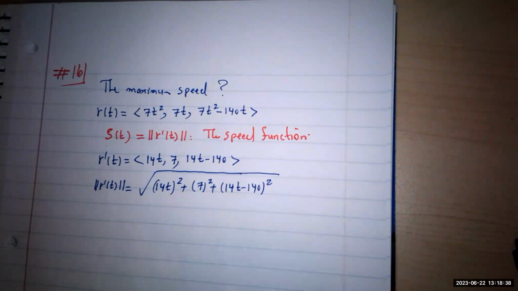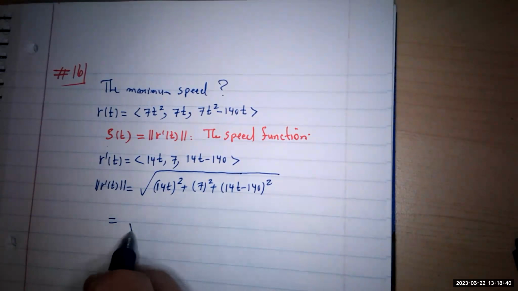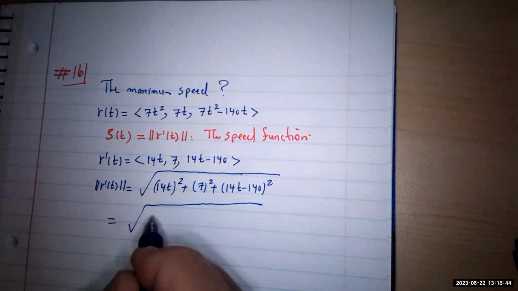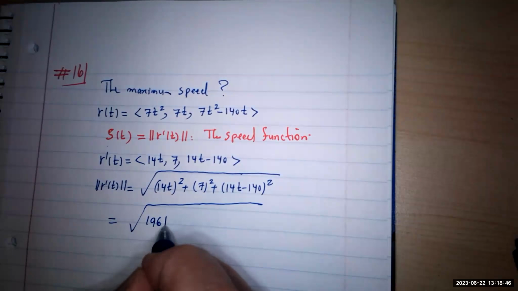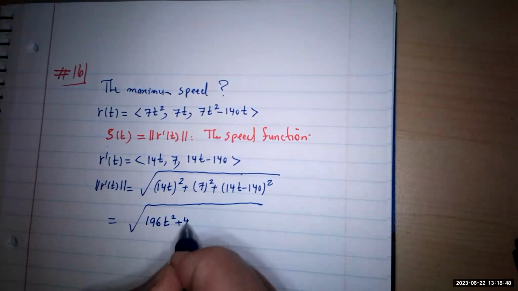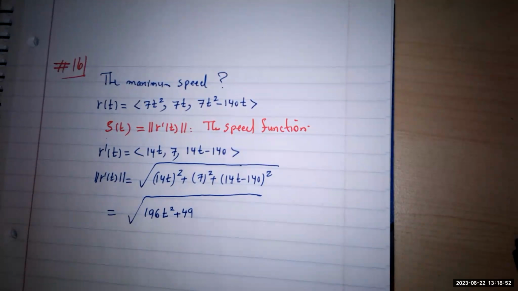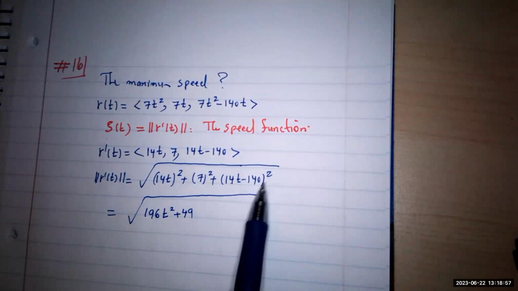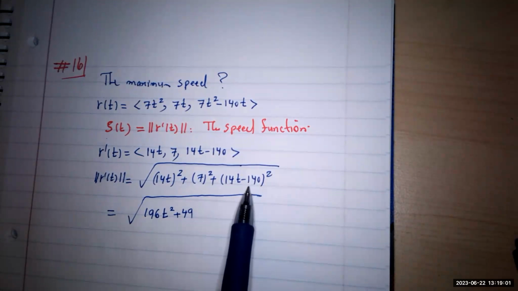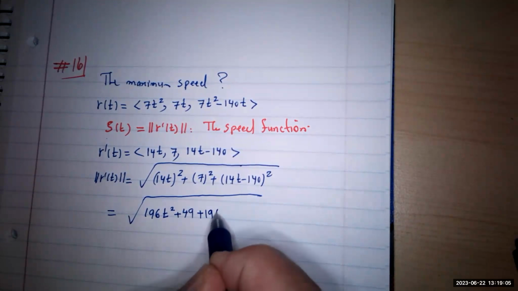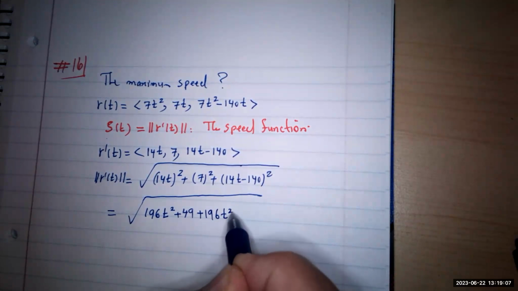So square it to see what would happen. 14 squared would do 196 t squared. 7 squared, 49. Carefully square this one. The square of the binomial: the square of the first, twice the first times the second, plus the square of the third one. Some people miss this one. The square of the first term is 196 t squared.